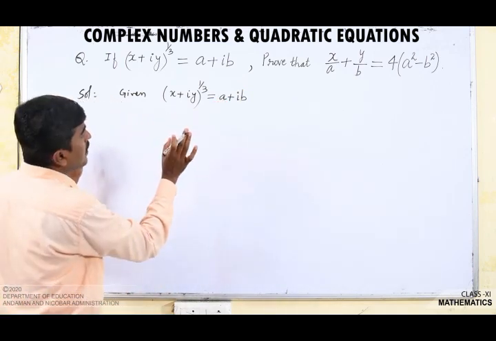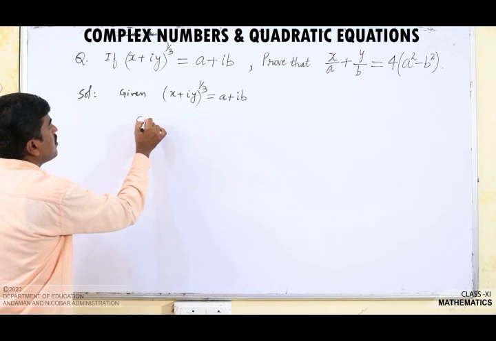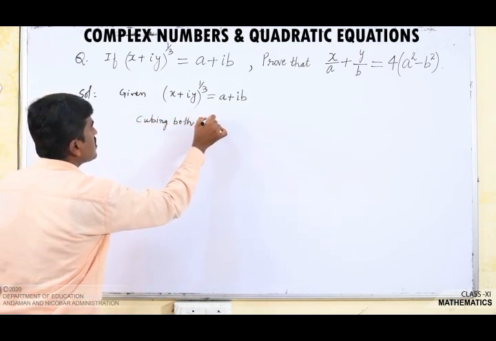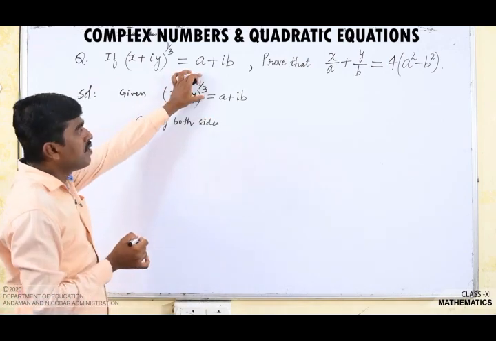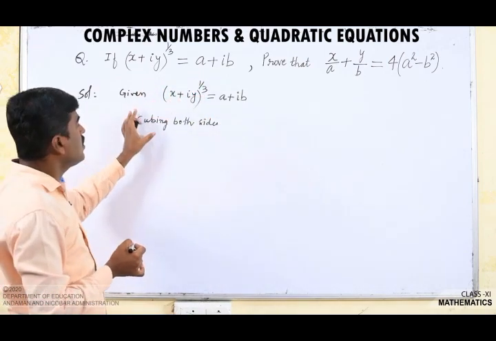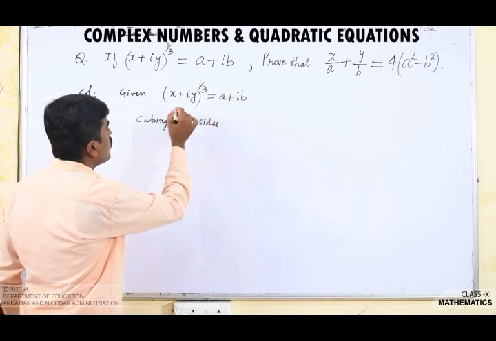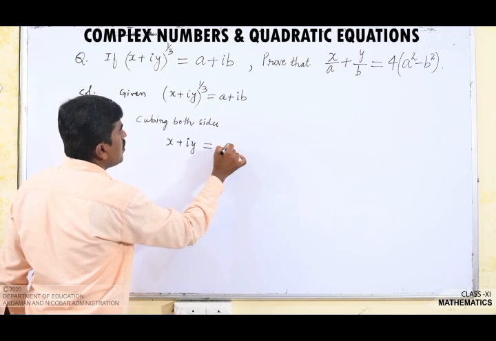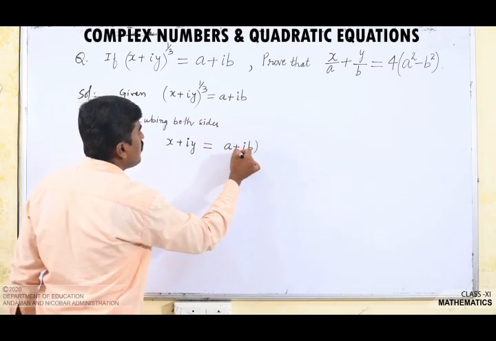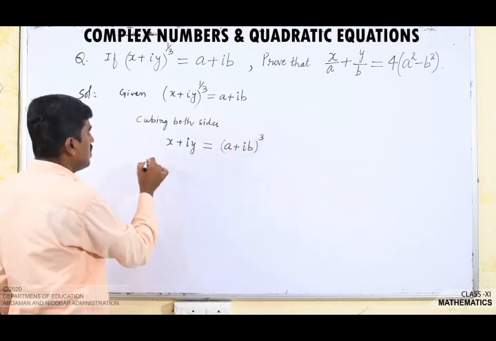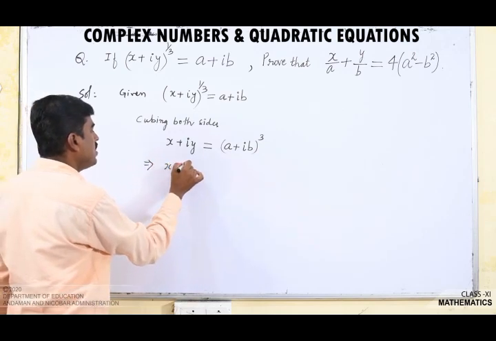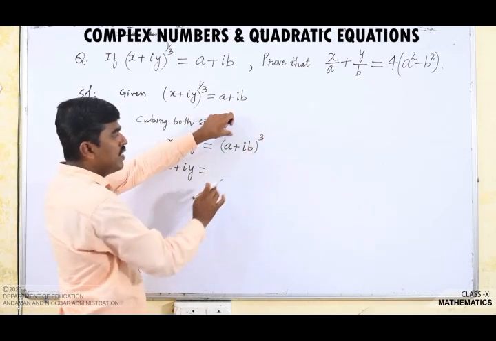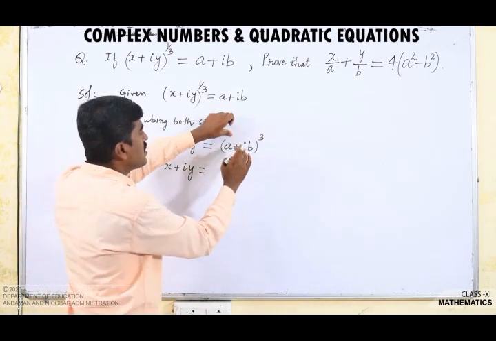So we have to simplify it now, cubing both sides, as there is 1 by 3 in the power. So we will get x plus iy is equal to (a plus ib) whole power 3. We have to expand it now using the formula for (a plus b) whole cube.